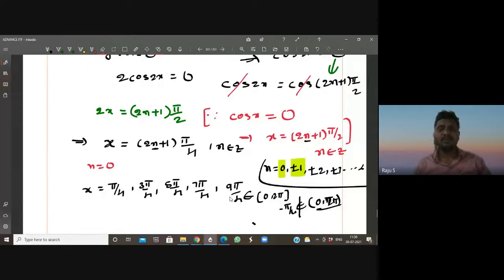Up to where can we consider the values? No, sir, 9 pi by 4 does not belong to the interval. But till 7 pi by 4. So pi by 4, 3 pi by 4, 5 pi by 4, 7 pi by 4 belong to 0 to 2 pi. So these are the required critical points.